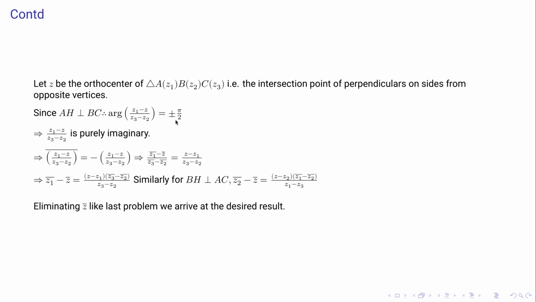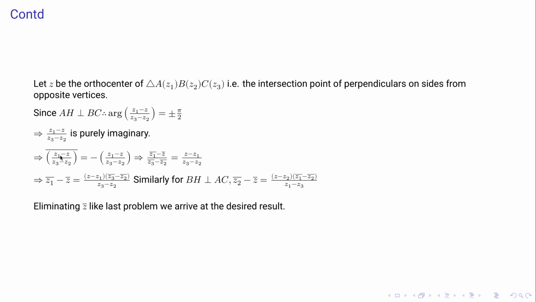Now this implies that the value (z1 minus z) by (z3 minus z2) is purely imaginary, because if you put it in terms of cos theta plus i sin theta, then cos theta will become 0. It will be only i sin theta.